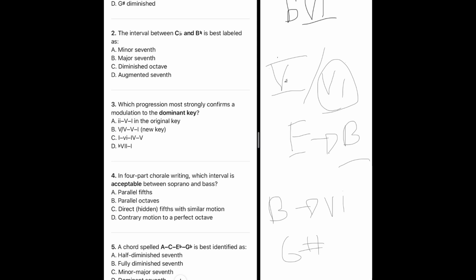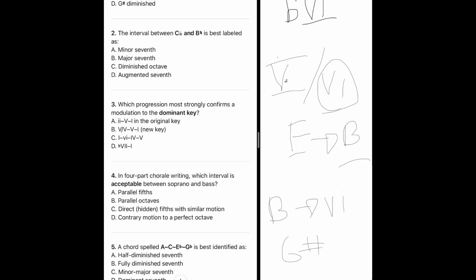So, right. The interval between C double flat and B natural. Okay, C flat is B. If it's C double flat, it would have to be an A. So then again, ooh, this is going to be a toughie.